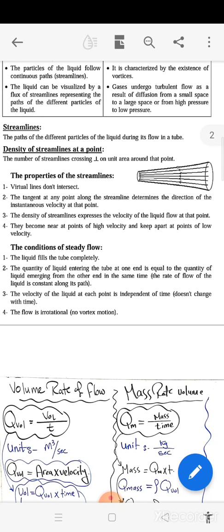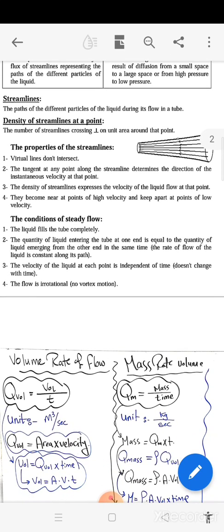The density of the streamlines expresses the velocity: high density, high velocity; low density, low velocity. They become close at a point of high velocity because they are dense, and they keep apart away from the point of low velocity.